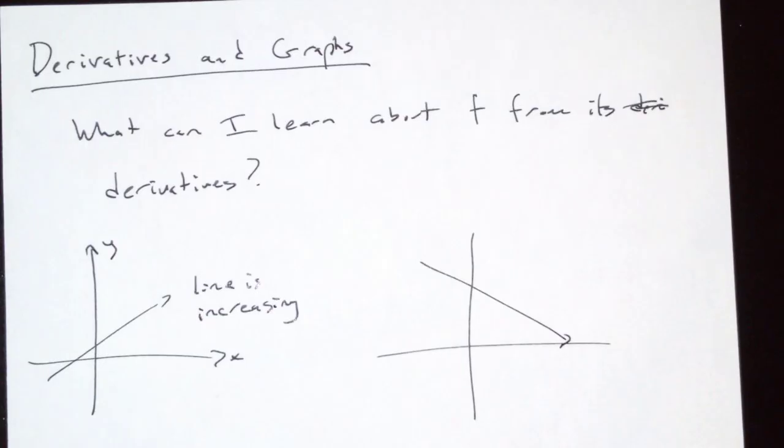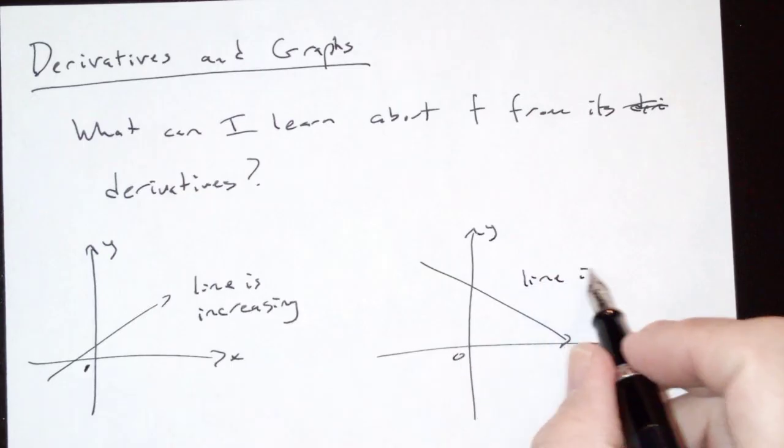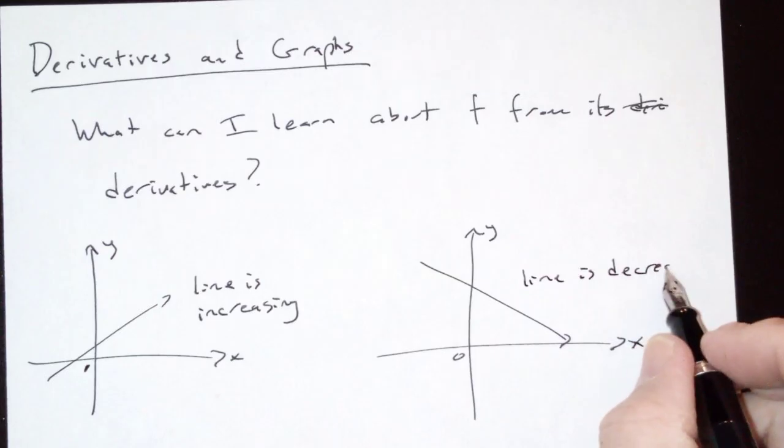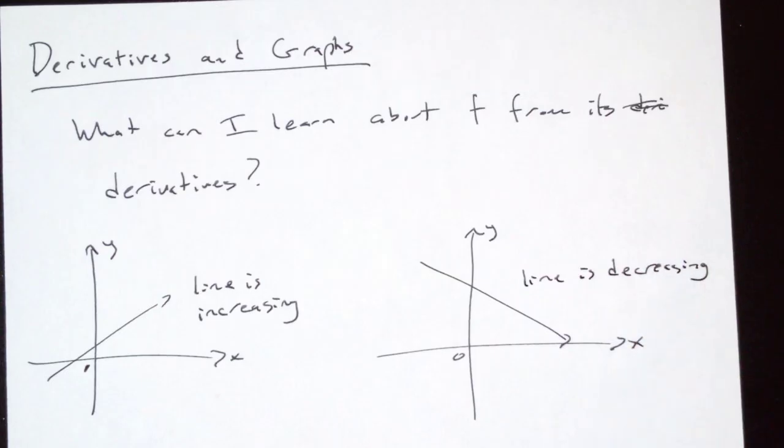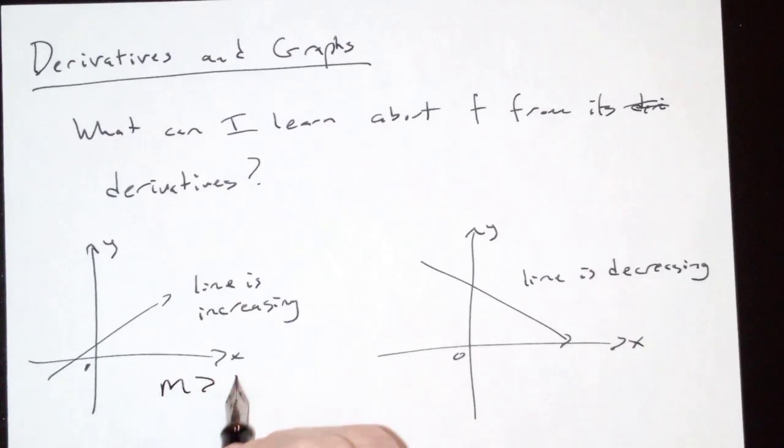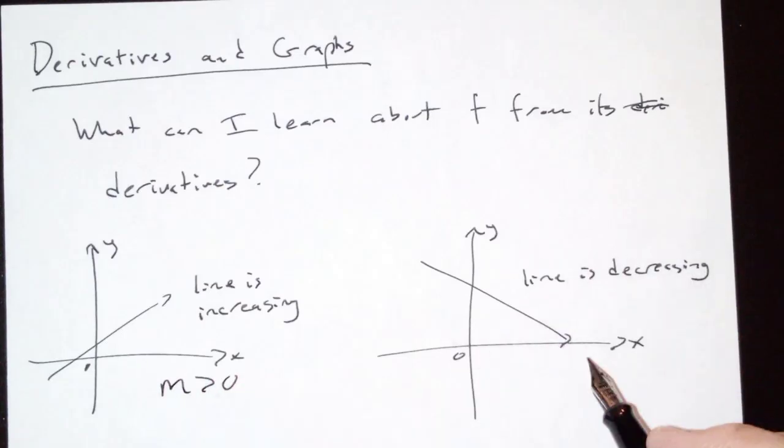And that one's decreasing. But wait a minute. If this line is increasing, what do I know about the slope of this line? Positive. Similarly, on this side, that slope is negative.